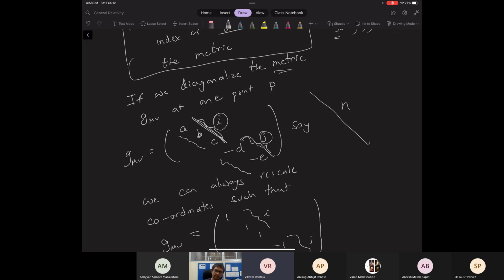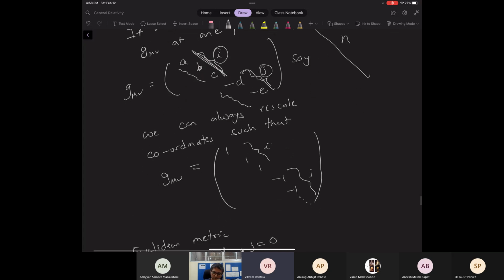You can always find a different coordinate system where I just rescaled my coordinates, such that in this new coordinate system, g mu nu has all these eigenvalues rescaled to 1. So now it's 1, 1, 1, minus 1, minus 1, minus 1. You can always rescale your coordinates in such a way that you get something like this.